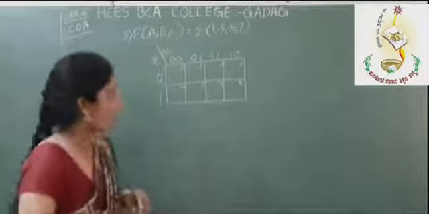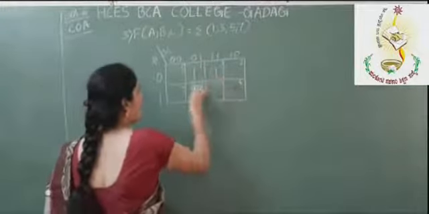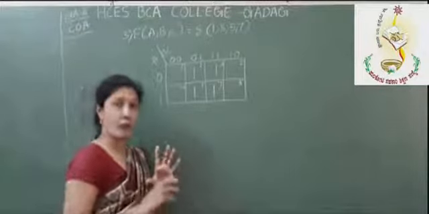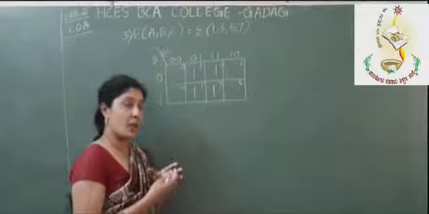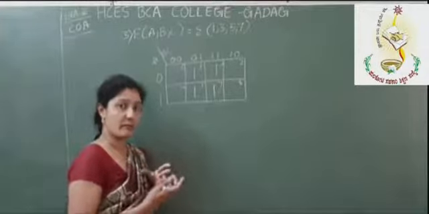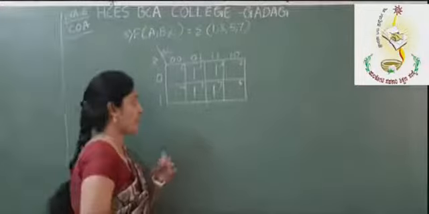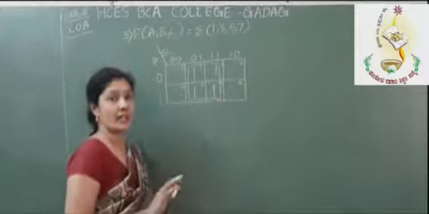Now see, 1, 3, 5, 7. All these 4 values are adjacent to each other. Then should we pair them or should we make a quad? When we have 2 options, it is better to make a quad, so that it makes only one group.